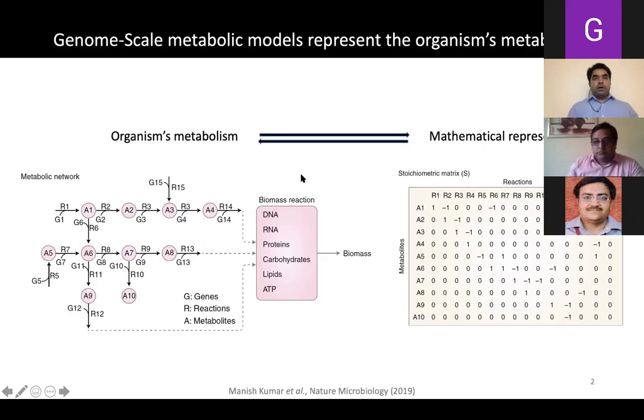And basically in this process, we write an S matrix that contains the stoichiometric coefficients of all metabolites in corresponding reactions. Coefficients with a negative sign represent reactants, and coefficients with a positive sign denote products.